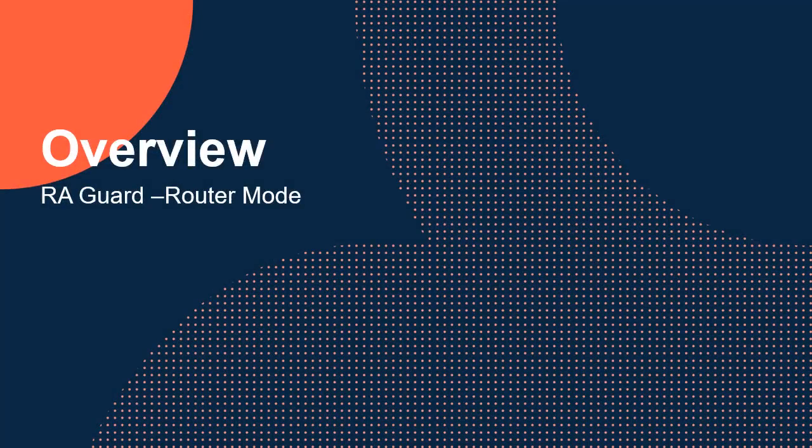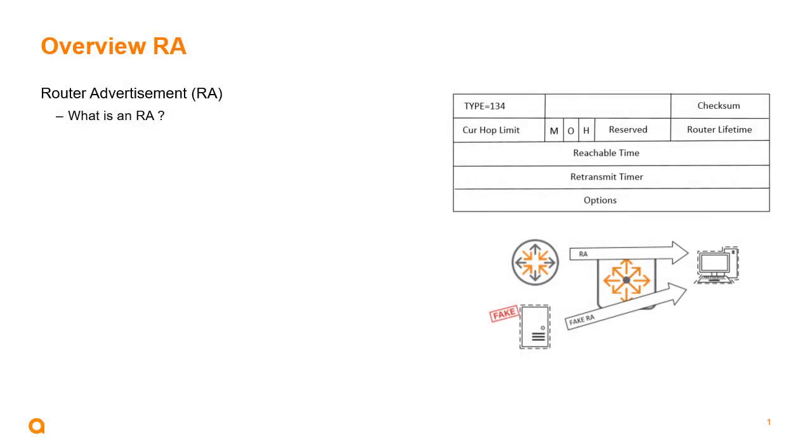Overview: RA Guard router mode. Let's firstly cover off what is an RA. An RA is a router advertisement sent to hosts on a network to inform the nodes of how they should configure themselves or what parameters they should conform to in a v6 network.